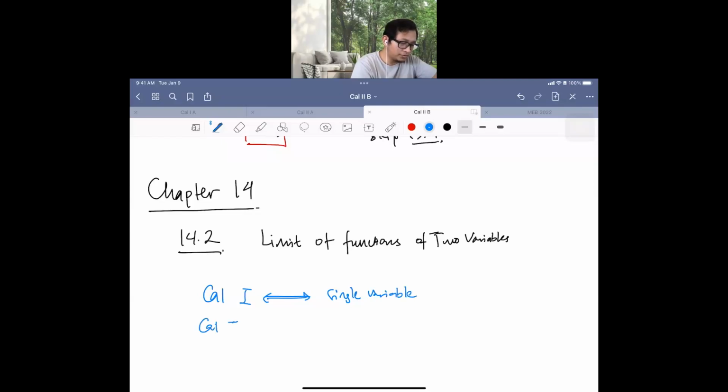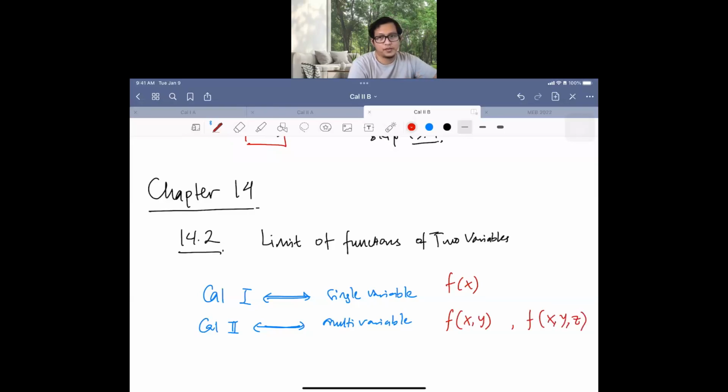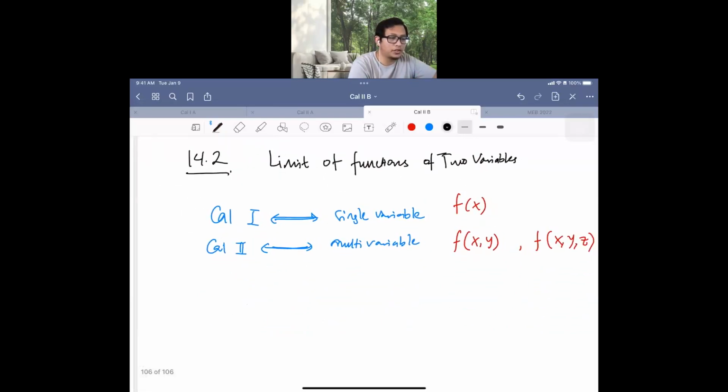In calculus 2, we will deal with multi-variable. So instead of f of x, we are going to denote the functions with several variables. For example, two variables x, y, or perhaps three variables x, y, and z. Now to start with chapter 14, the partial derivative, we are going to start with the limit.